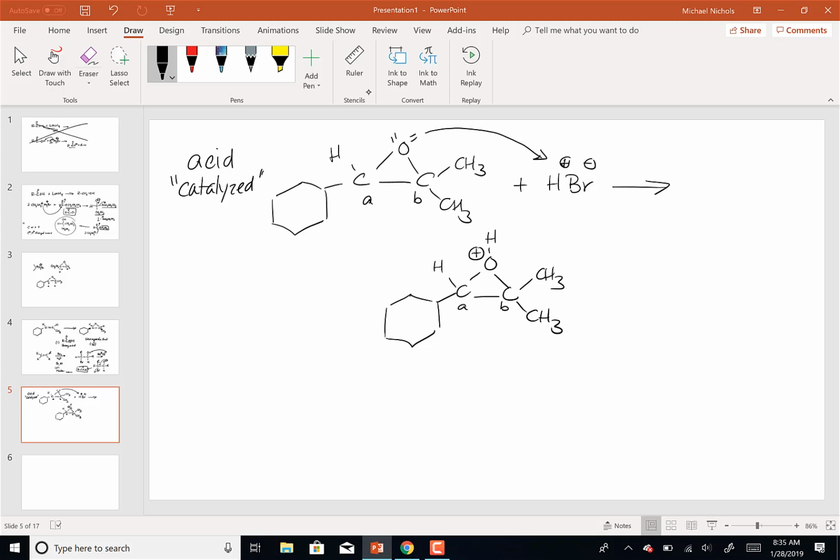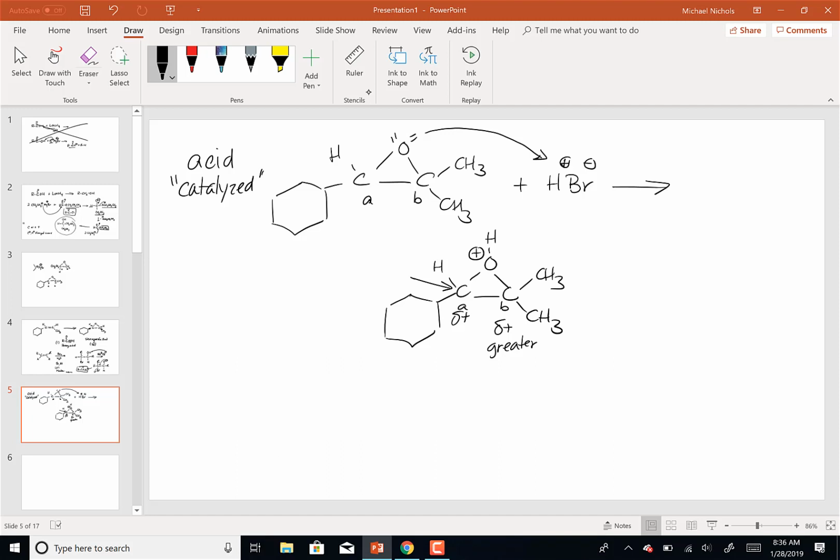Do we agree with that? I see a lot of nodding heads. Why? It's correct. B is going to have the greatest delta positive charge. Why? Because it disperses the charge more, because it's more substituted. So if we were to look at the delta plus charges on these two carbons, what kind of carbon is carbon A?